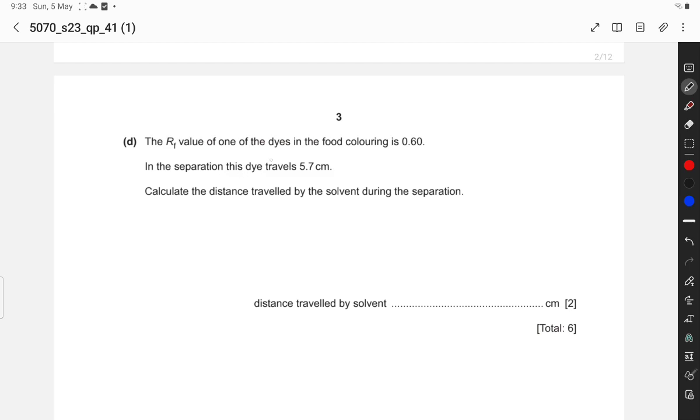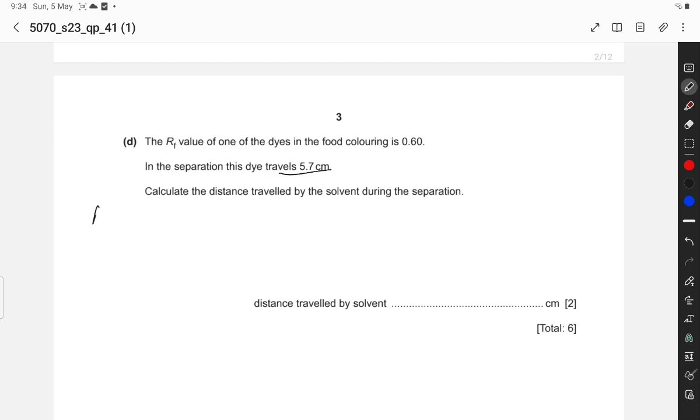The Rf value of one of the dyes in the food coloring is 0.60. In the separation, this dye travels 5.7 cm. Calculate the distance traveled by the solvent during the separation.